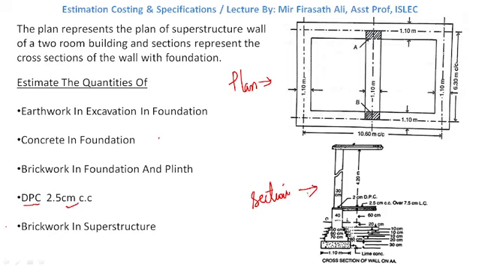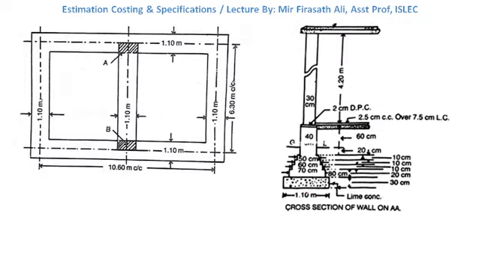Okay. So, now let us solve this numerical example. As this is our given plan and section, let us first find out the total center length. For determining the total center length, we need to look at how many long walls there are. As you can see, there are 2 long walls. Let me specify those 2 long walls.